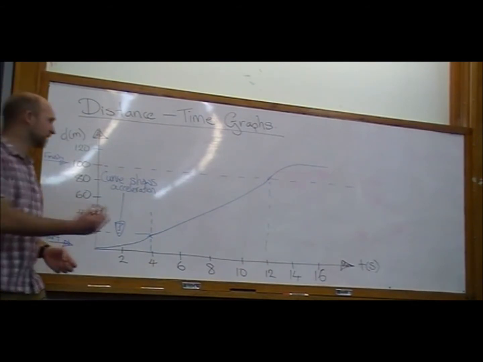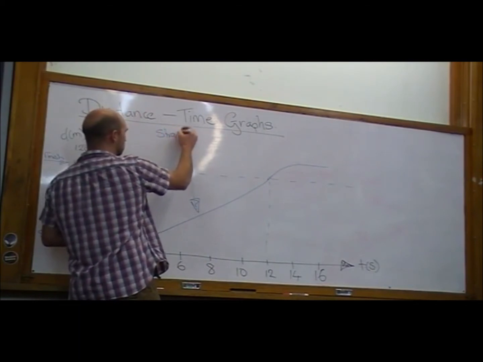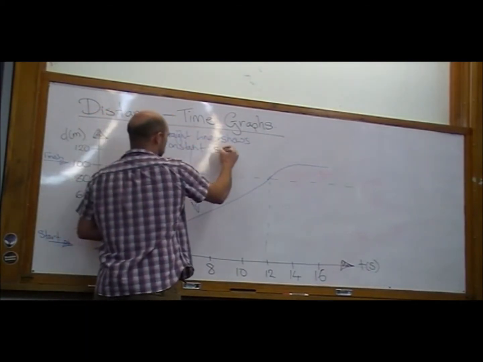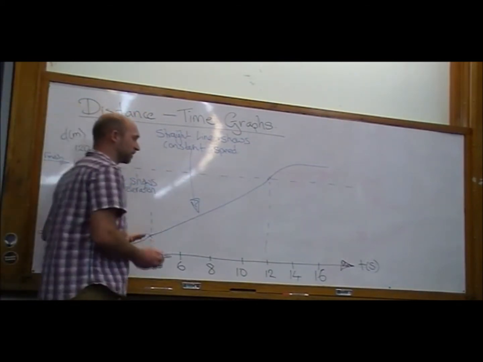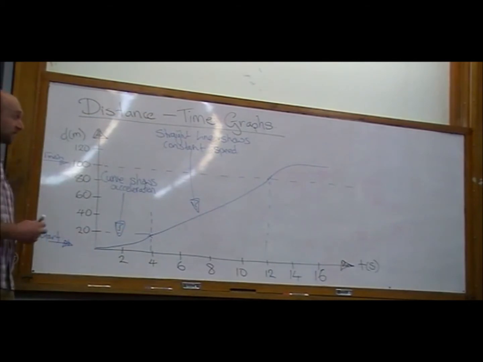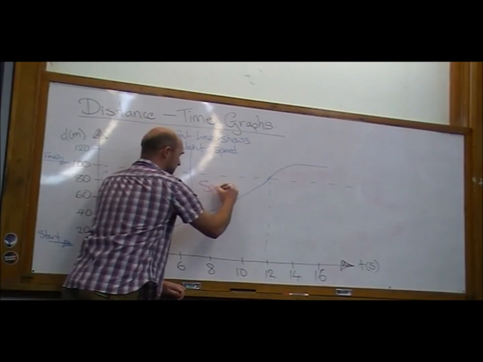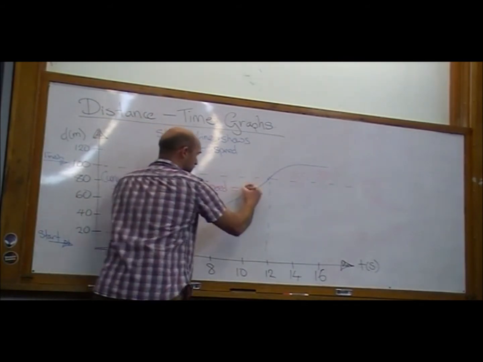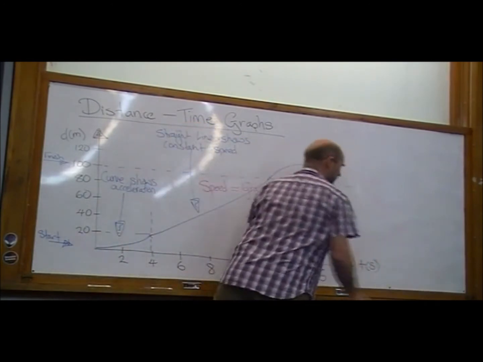80 metres. And so the straight line shows constant speed. What we have to be able to do though with a constant speed section is we've got to be able to calculate how fast they're going. And so the rule is that the speed is equal to the gradient. And how come does that work?